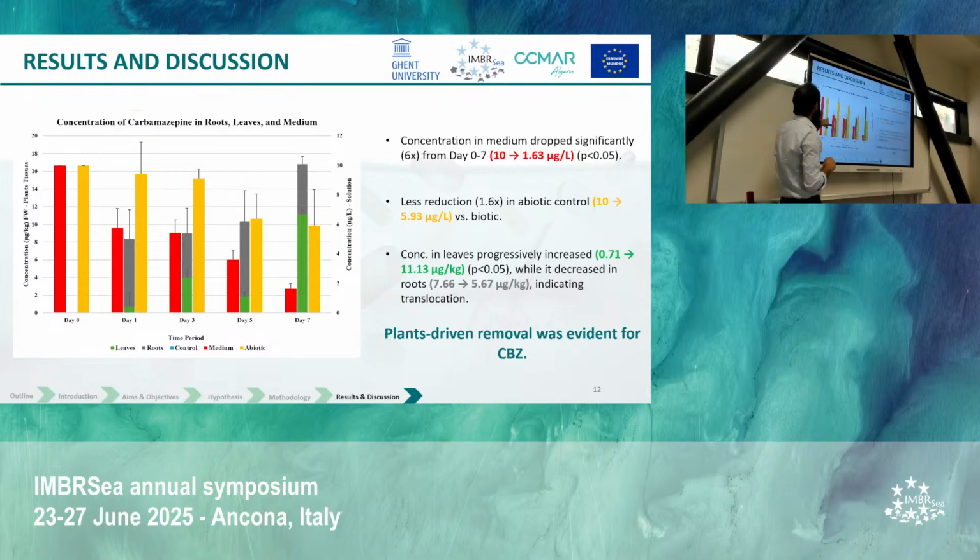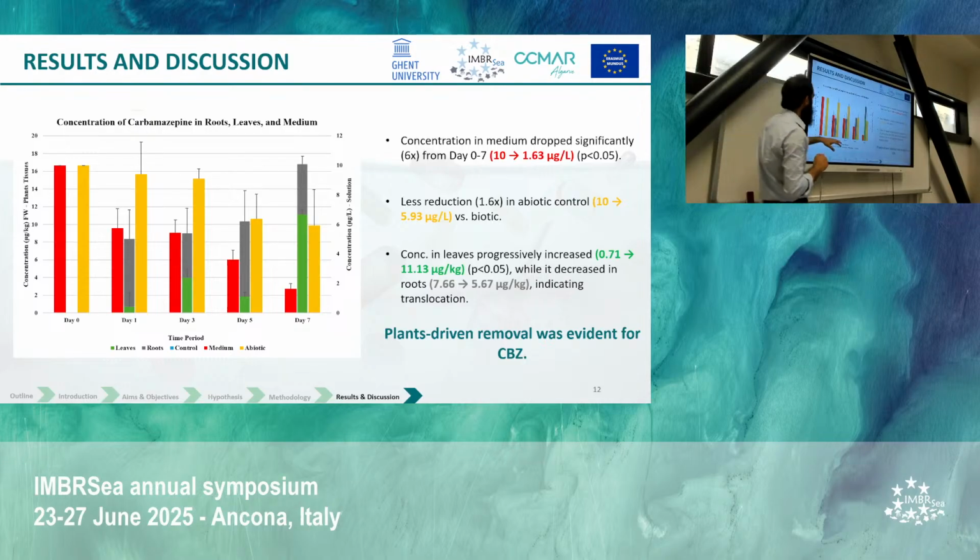We also saw some reduction in the abiotic control, but it was not as much as in the medium in which plants were grown. The reduction was from 10 to 5.93.